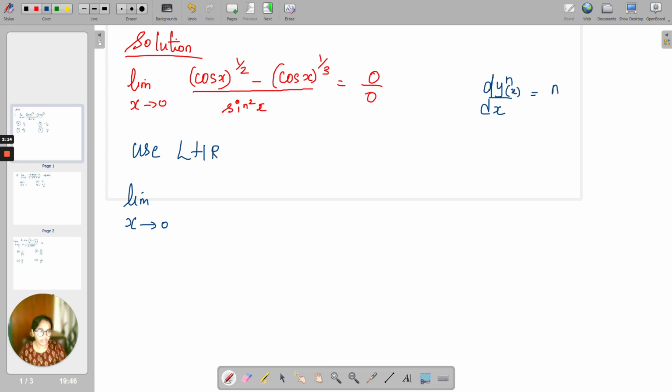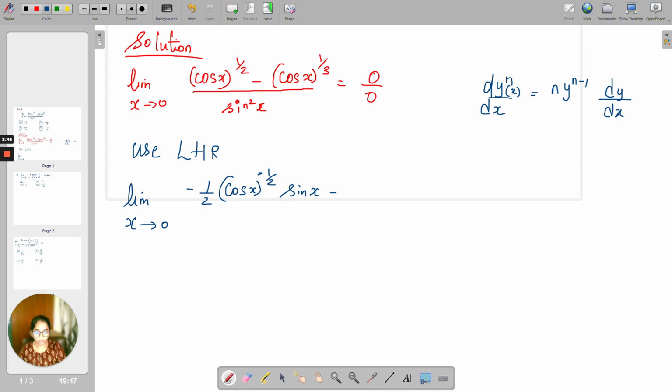I would get n y to the power n minus 1 into dy by dx. So this is the formula. Now in the place of y, we have cos x. So let me write half, cos x to the power, what is half minus 1? It is minus half. And then differentiate cos x, which is minus sin x.